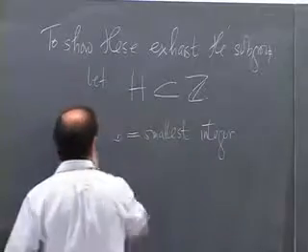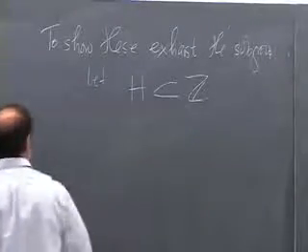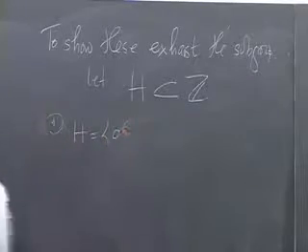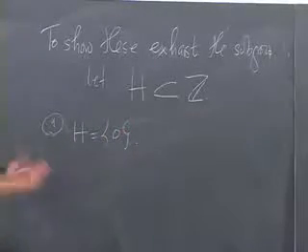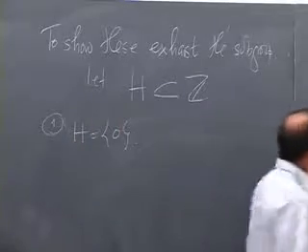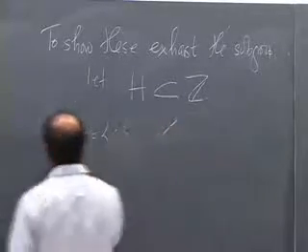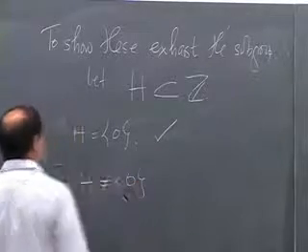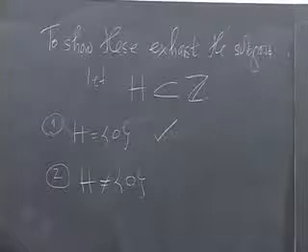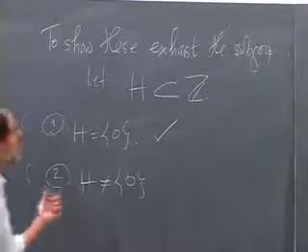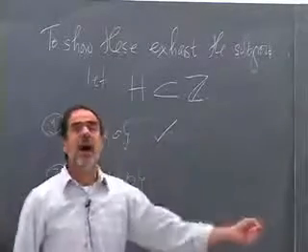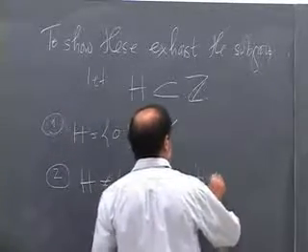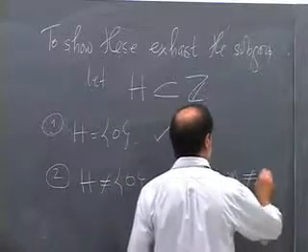Well, there are two cases. Case 1, H is equal to 0. So it's the 0 subgroup. Well, that's one of these cases with B equals 0. So that's okay. In case 2, H is not equal to the 0 group. So it contains something other than the identity in it. Now, by taking inverses, we see that it has to contain something positive in it. So it contains an m not equal to 0.